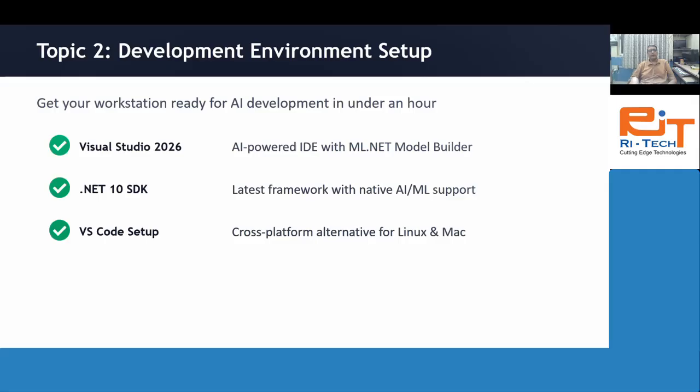We should be familiar with VS Code because those working on Linux or Mac platforms will go with VS Code instead of Visual Studio 2026. Then OpenAI API access: how OpenAI works, the gateway to GPT models from C#, so how to communicate and work with the GPT models from C#.